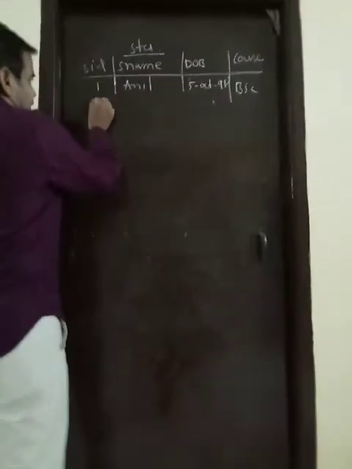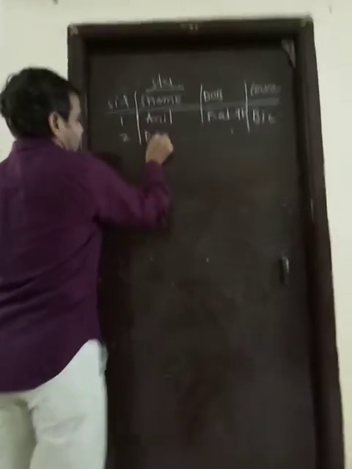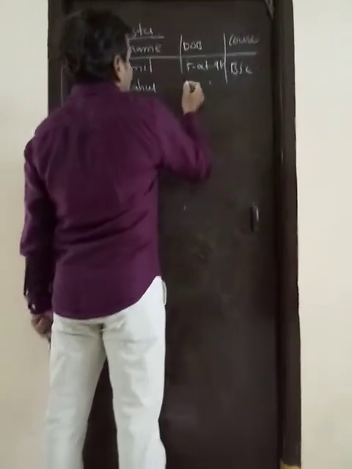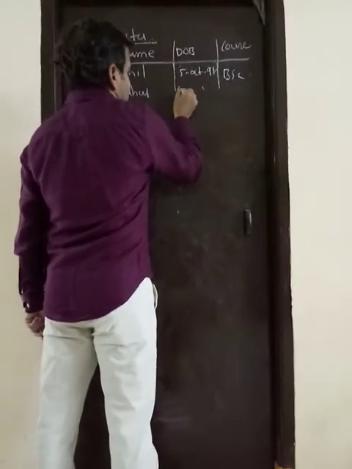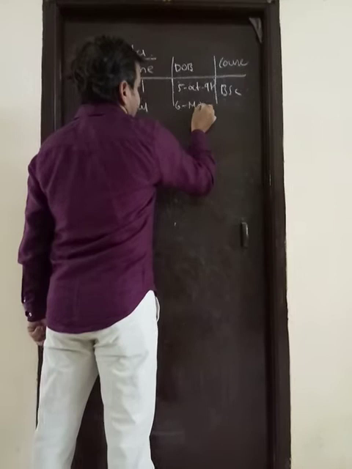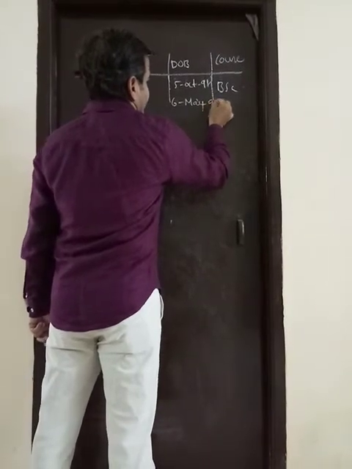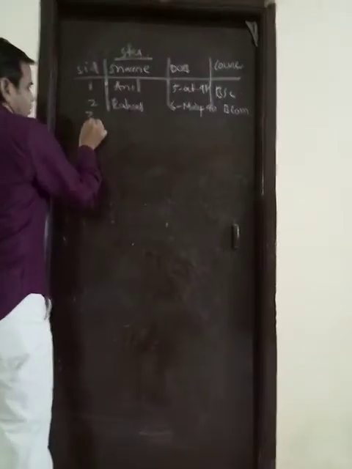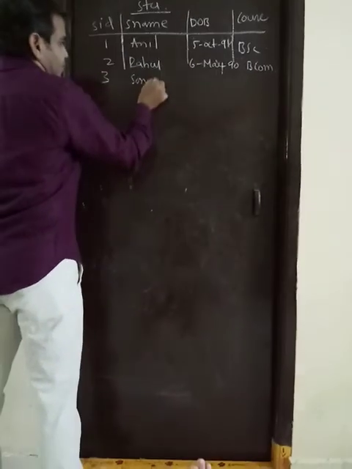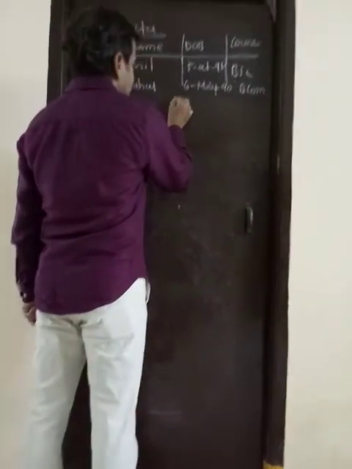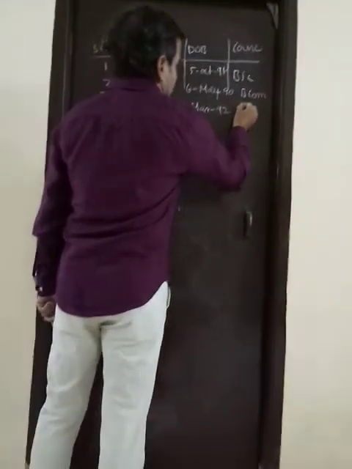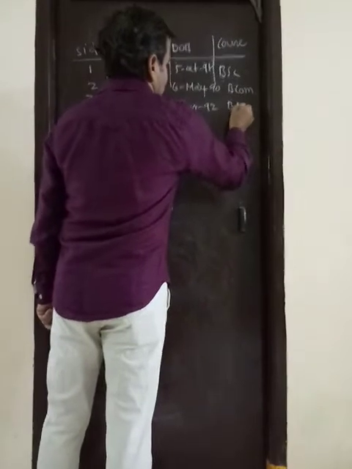Now I am taking the second, Rahul, then date of birth is 6 May 90, BCom. Third, Sony, date of birth 17th March 92, BA. So I created this structure with values.